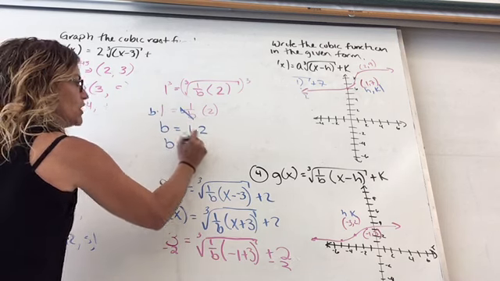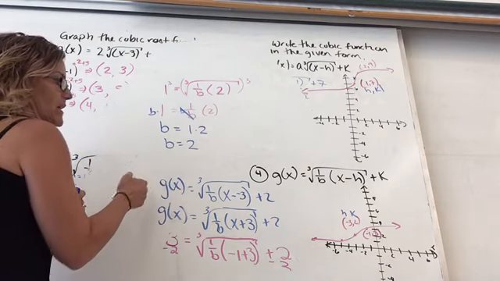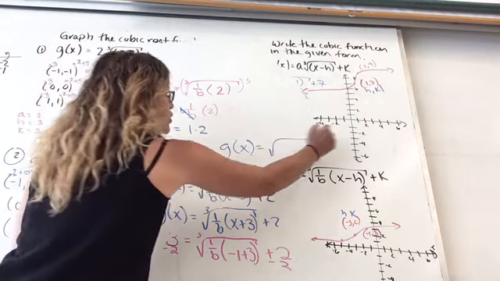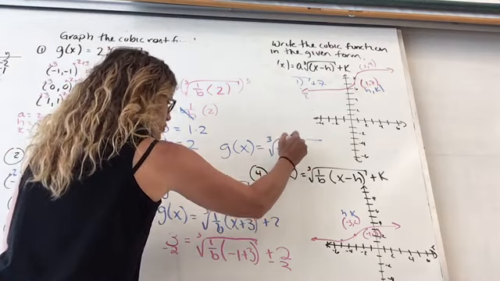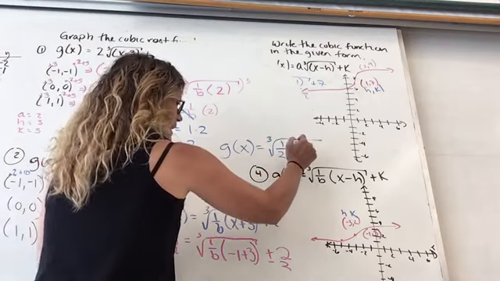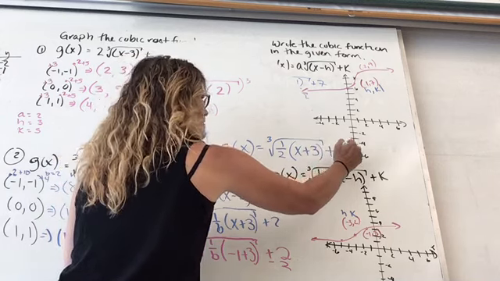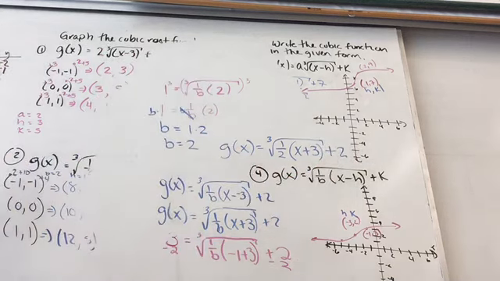So b is actually 2. And now I can go back and write my equation. So g of x equals the cubed root 1 over 2 x plus 3 plus the 2. And there's the equation to that graph.